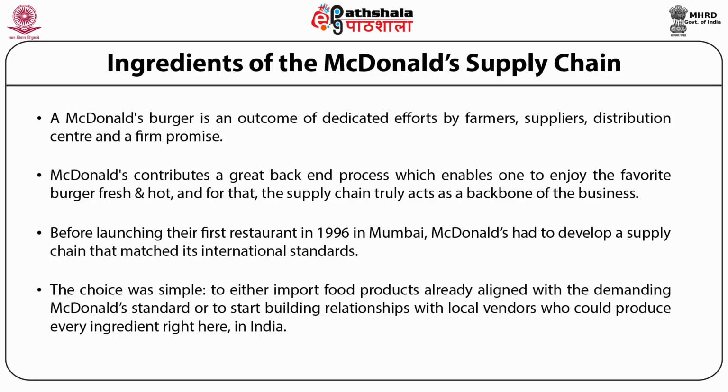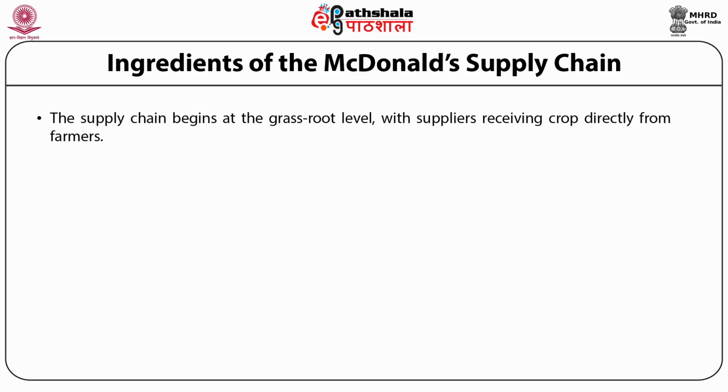Today, McDonald's has a dedicated supply chain and sources 99% of its products from within the country. The company has strong backward integration right up to the farm level. The supply chain begins at the grassroots level with the supplier receiving crop directly from the farmers.